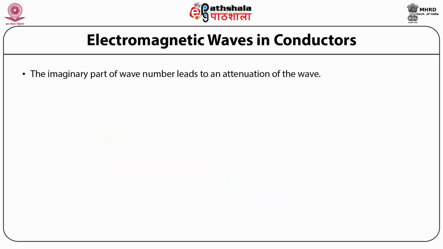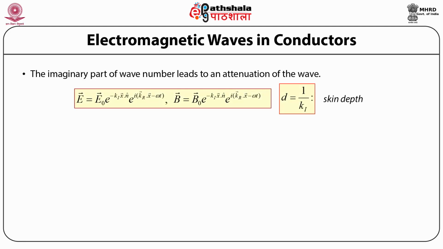The imaginary part of the wave number leads to an attenuation of the wave. So E = E₀ e^(−k_imaginary x·n̂) e^(i(k_real x − ωt)), and similarly B = B₀ e^(−k_imaginary x·n̂) e^(i(k_real x − ωt)).